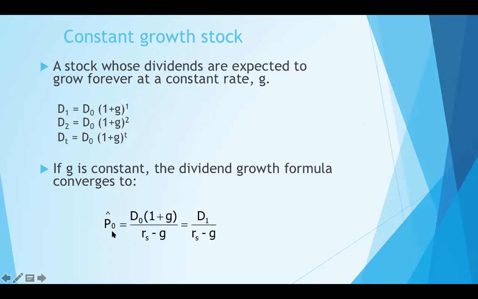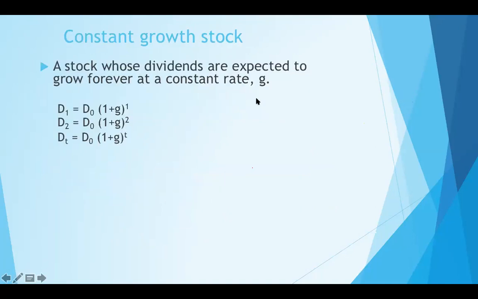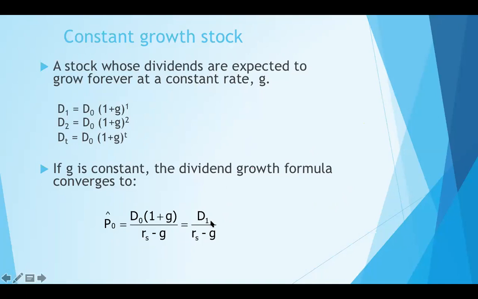So basically, the previous formula, until forever, with the constant growth rate G, will become like this. The price today will be equal to next year's dividend divided by the minimum expected return, Rs, minus the constant growth rate, G. Okay.